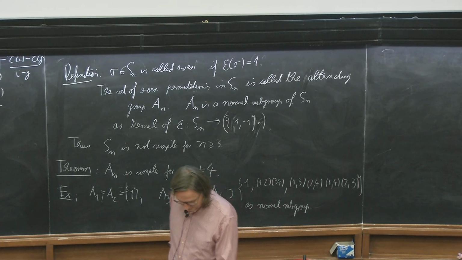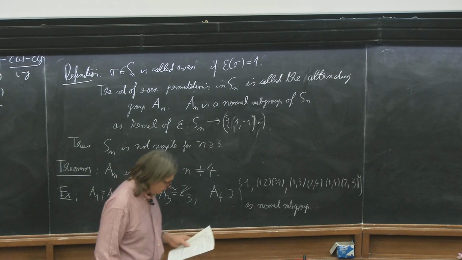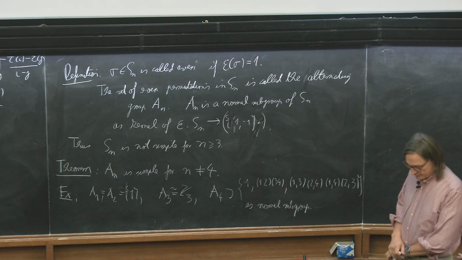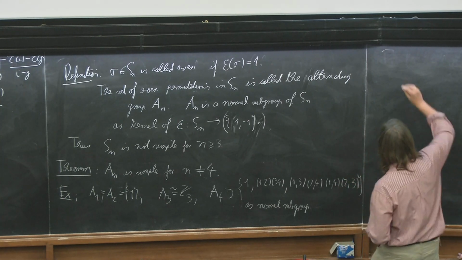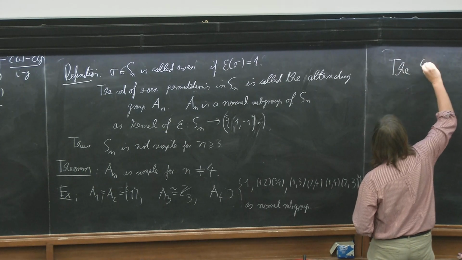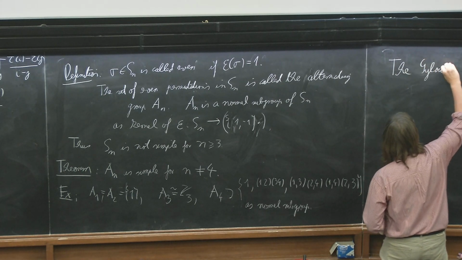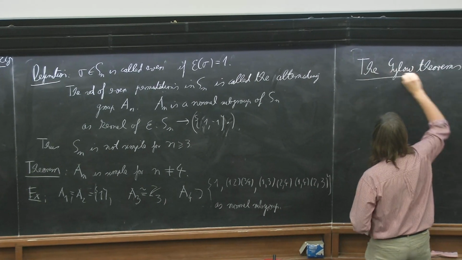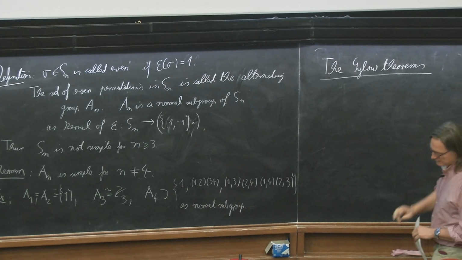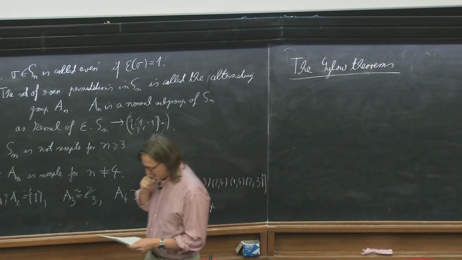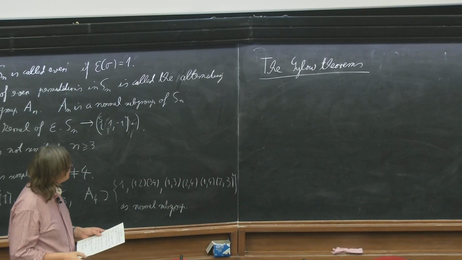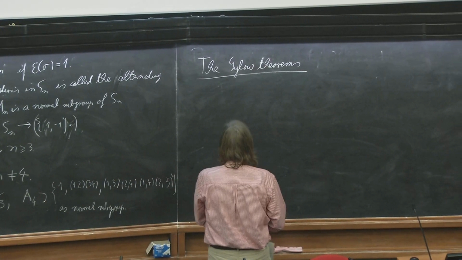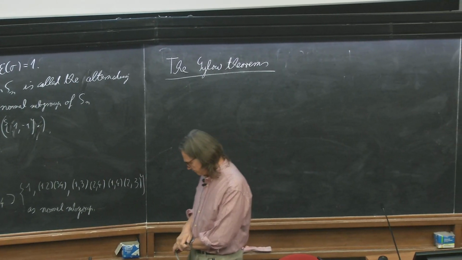Okay, so this was as much as I wanted to say for the moment about the symmetric group. Now we come to the last chapter we have on groups, which are the Sylow theorems, named after the Norwegian mathematician Sylow, if I'm not mistaken.